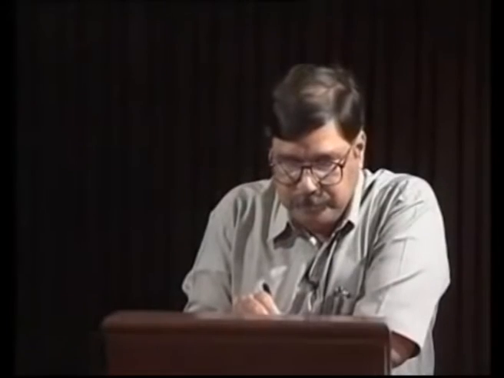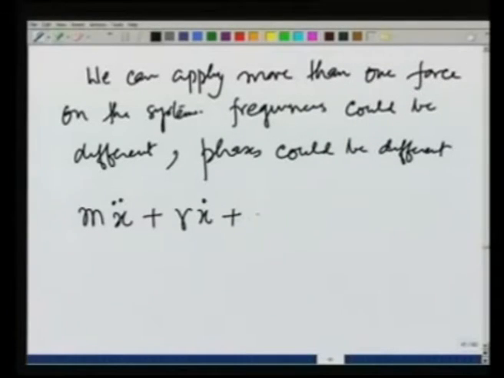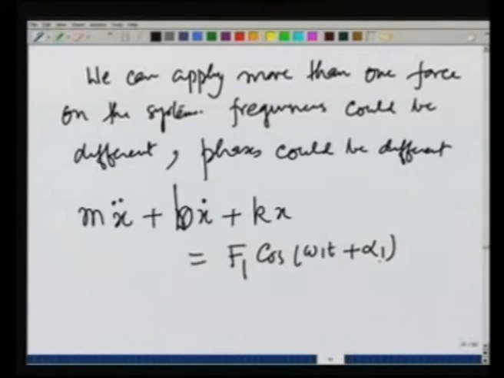As I said in the beginning of the lecture, a general periodic force can be a sum of many different frequencies. So, let us say if I have applied two forces, F1 cosine of omega 1 t plus alpha 1, where alpha 1 is a phase, plus F2 cosine of omega 2 t plus beta.